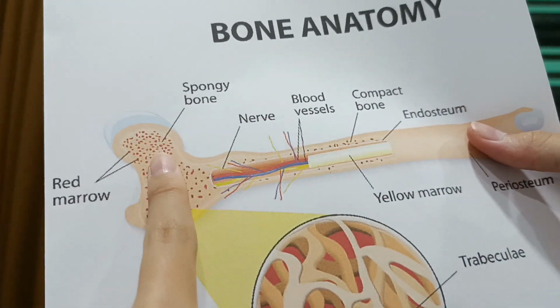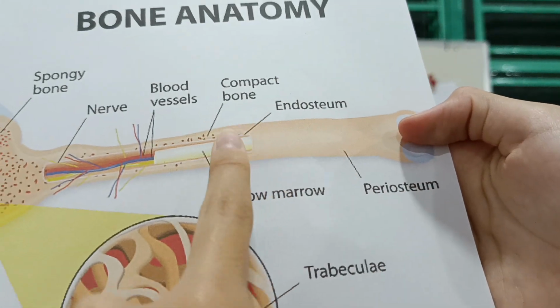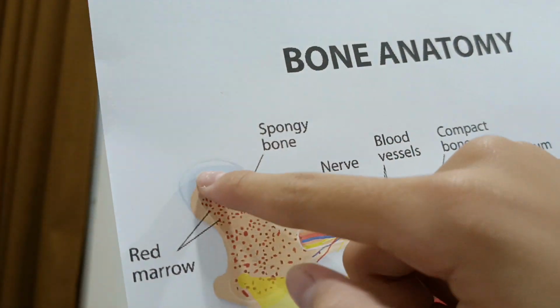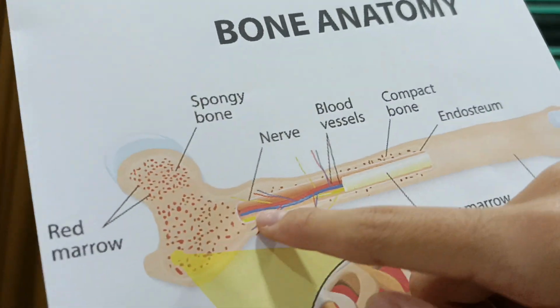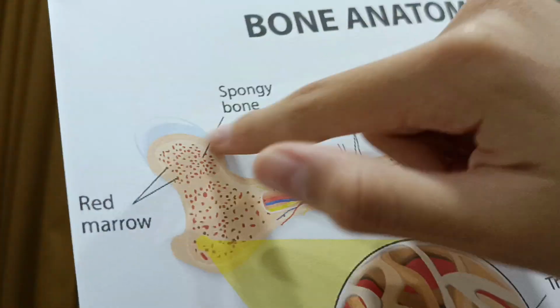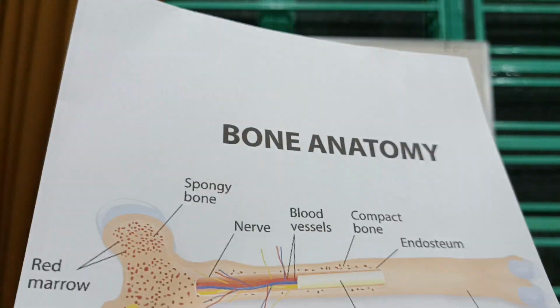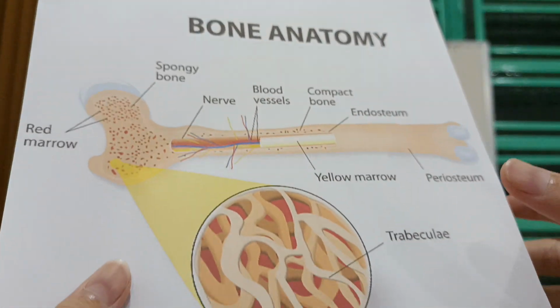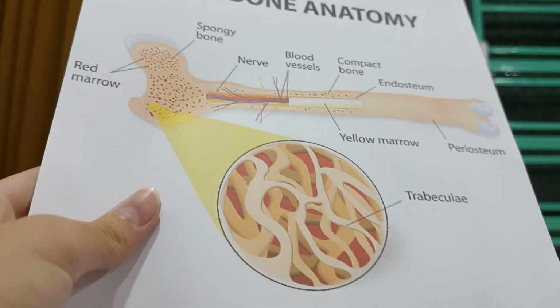This is the inside, and here is the compact bone, which is the outside layering, and it almost covers every single part except for the articular cartilage, which I'll talk about later. So yeah, that is basically the spongy bone and the compact bone.